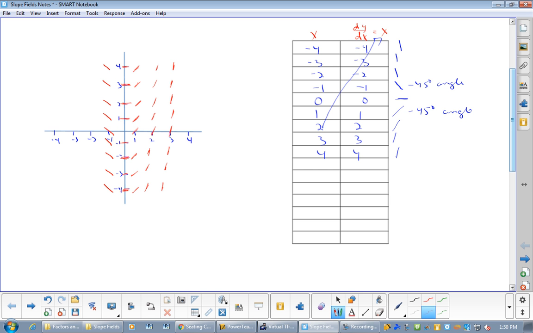And at 4, it's almost going to be straight up and down. Like a slope of 4 is pretty steep. So it's hard, but you just want to show your slopes are getting a little bit steeper the more you go right. And don't be like me, you actually want to try and line them up. As you can see, I wasn't doing a very good job there because they should all stay lined up.